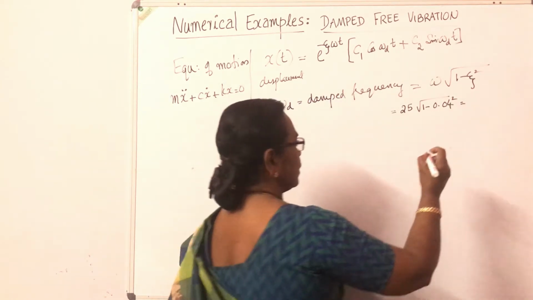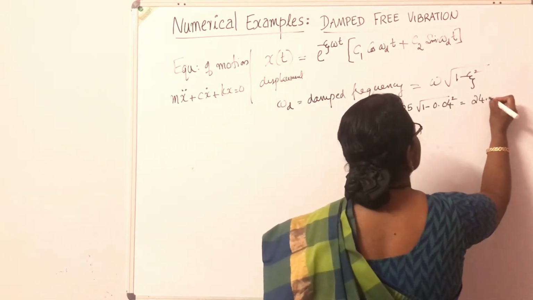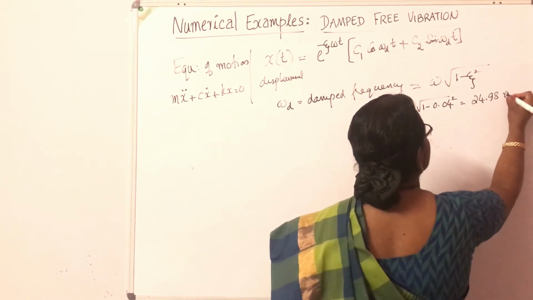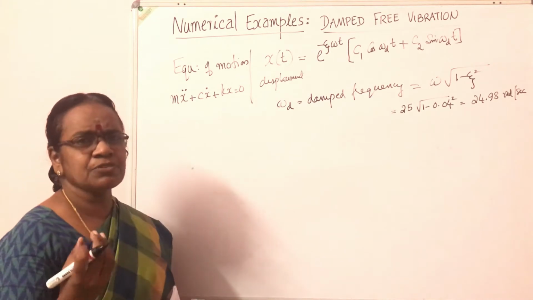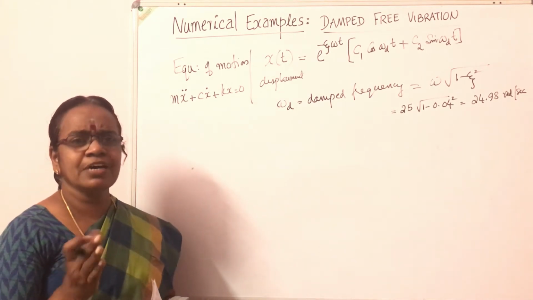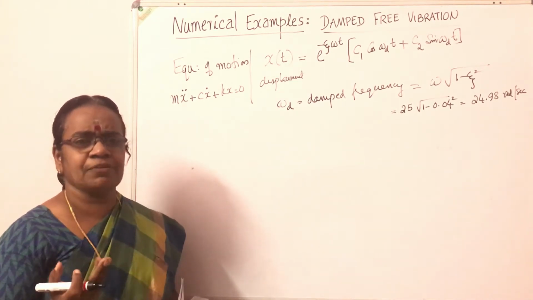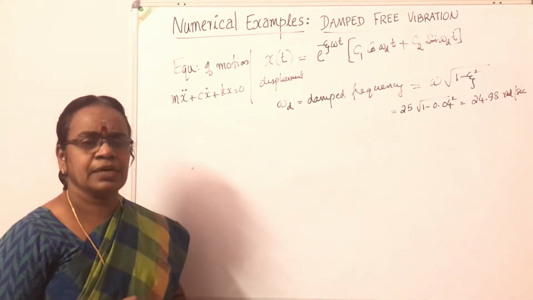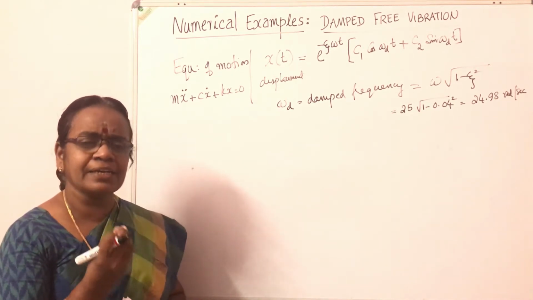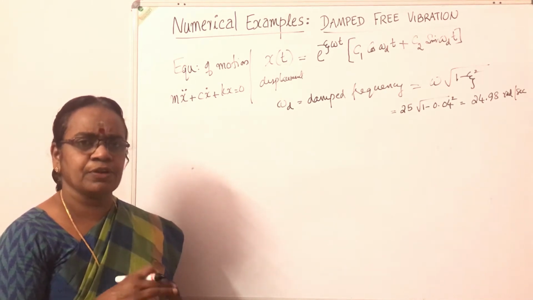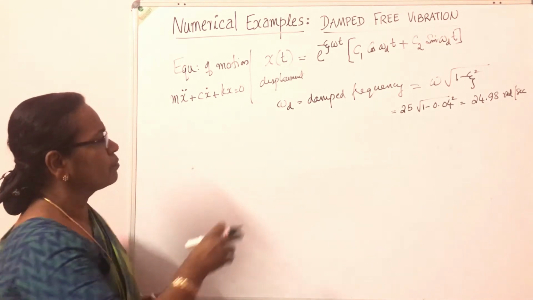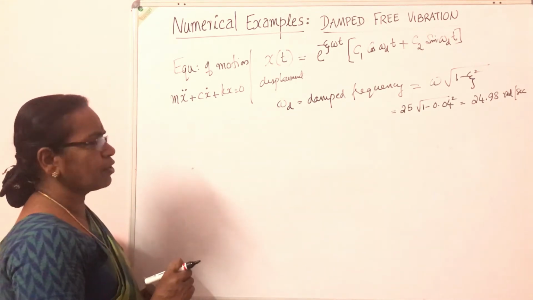It works out to 24.98 radians per second. So we can see that when the damping is very small, the damped frequency as well as the natural frequency are almost the same. The damped frequency will be slightly less when compared to the undamped natural frequency. So omega d is 24.98 radians per second.